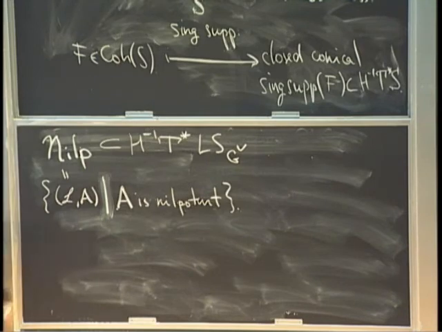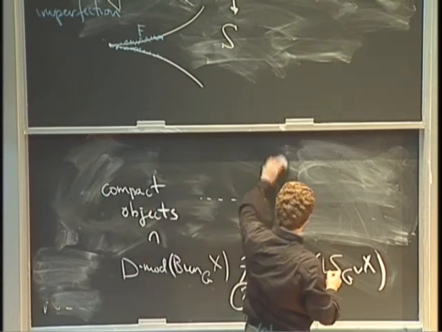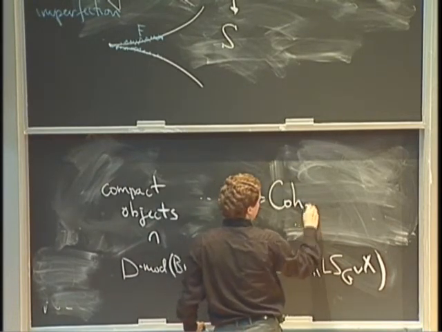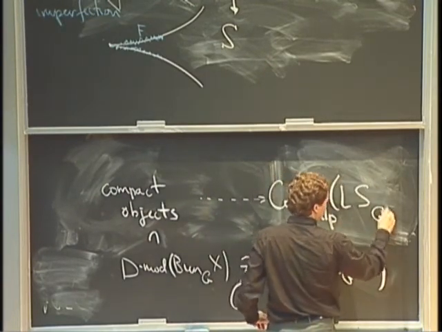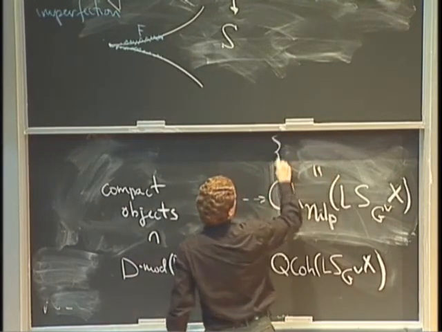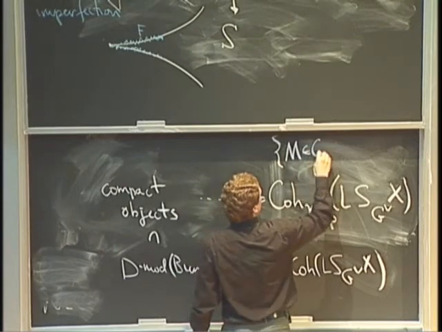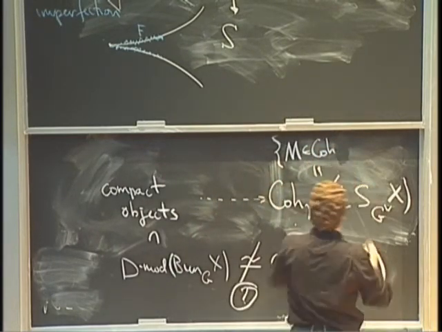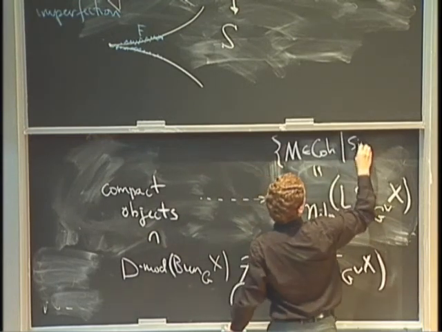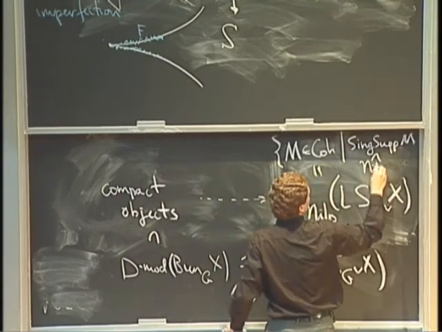It must fall within this nilpotent cone. So these are, let me call it Coh nilp of local systems, which is just coherent complexes whose singular support falls within this nilp.